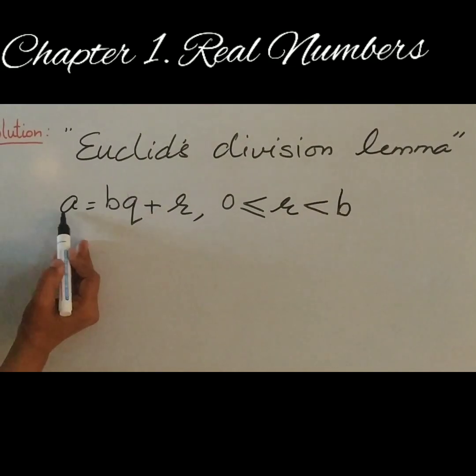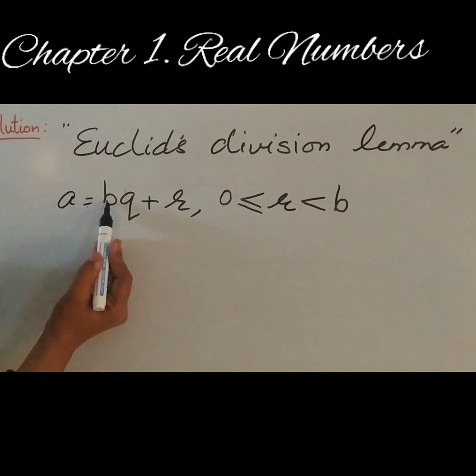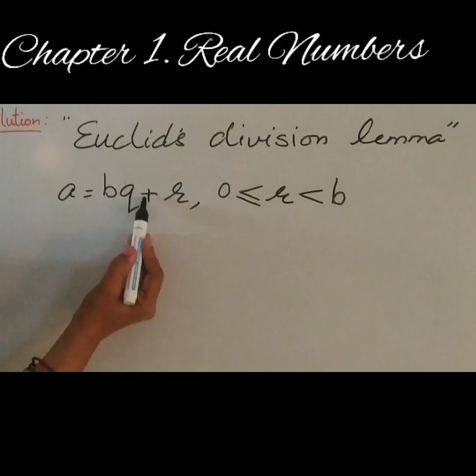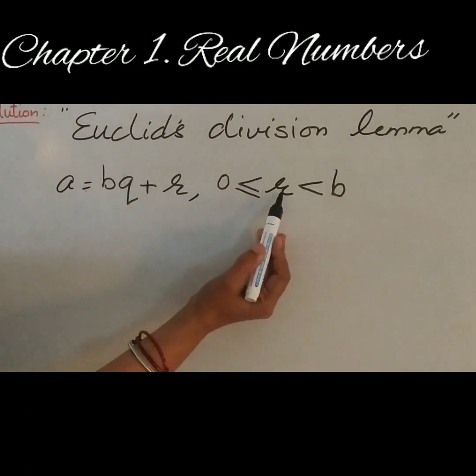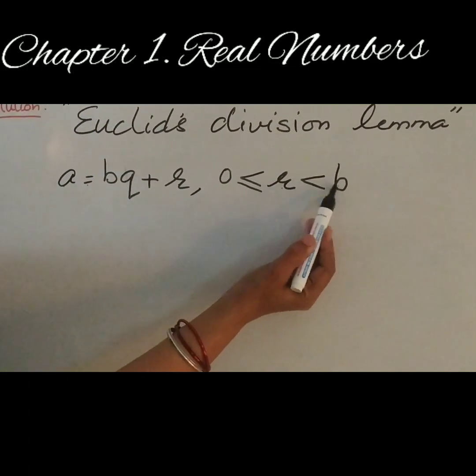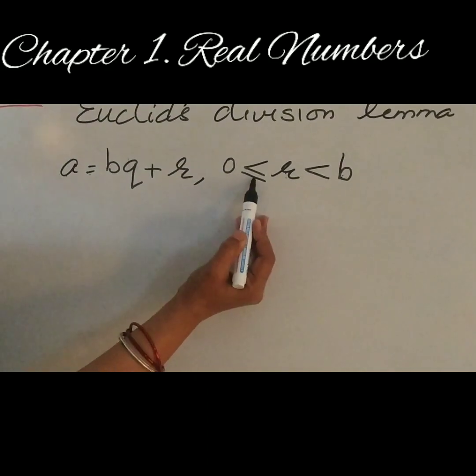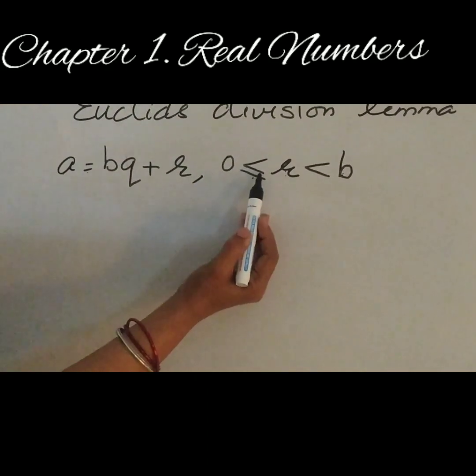In other words, dividend is equal to divisor into quotient plus remainder, and remainder should always be less than divisor, and remainder can be equal to 0 and can be greater than 0.